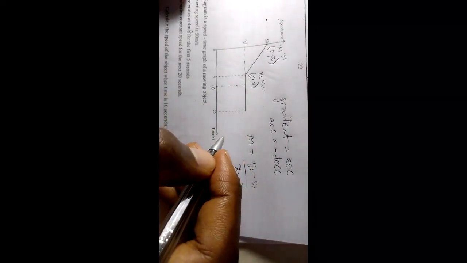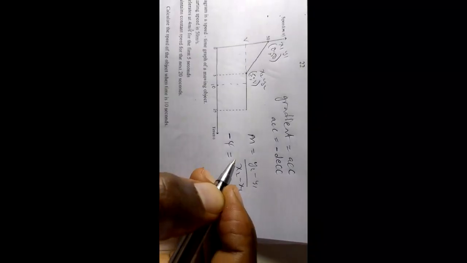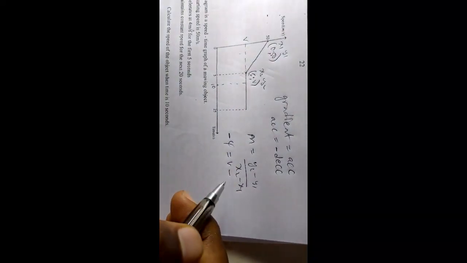So since the deceleration is 4 meters per second squared, the acceleration is equal to minus 4, which is equal to y2, that is v, minus y1, which is 50, over x2, that is 5, minus x1, which is 0. So minus 4 is equal to v minus 50 over 5 minus 0, which is 5.